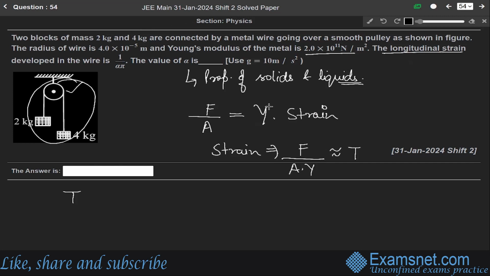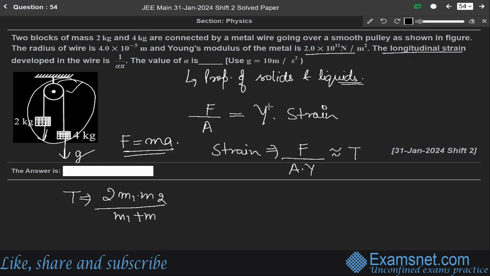The two masses exert a gravitational force in the downward direction, so tension T will be equal to 2 m1 m2 over m1 plus m2, into gravity.